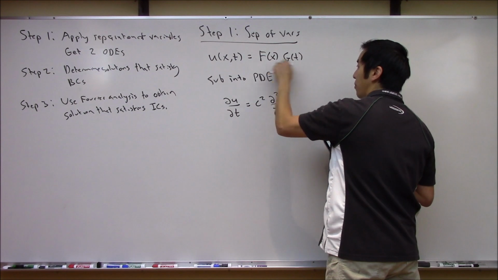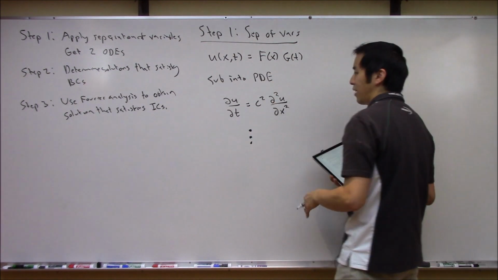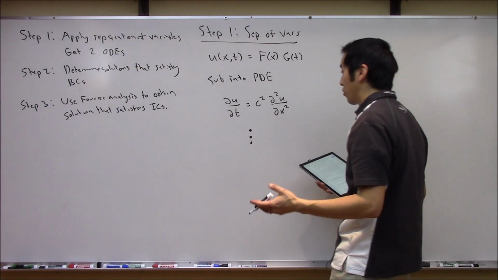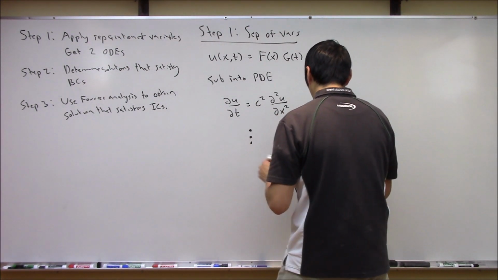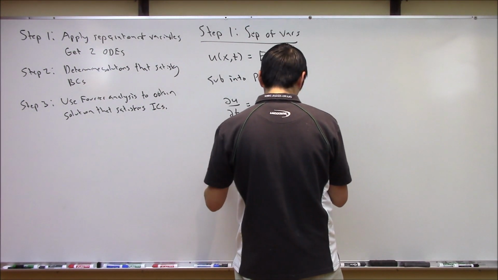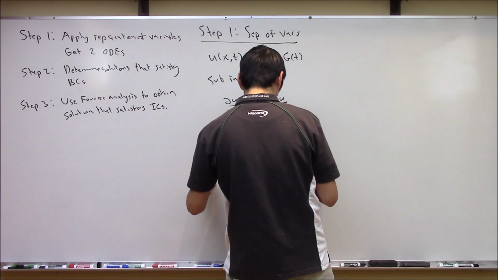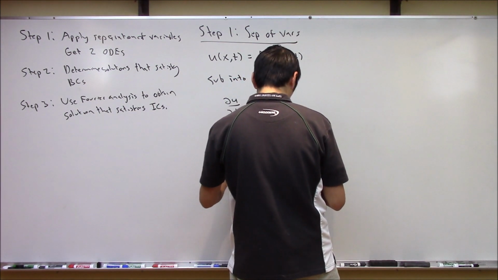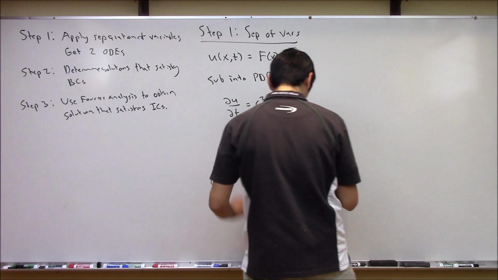So just jam this in, and I'll say dot, dot, dot, to say I'll let you work this out on your own, or watch how we did this in the wave equation video. We can manipulate this to look like g dot over c squared g is equal to f prime prime over f here.